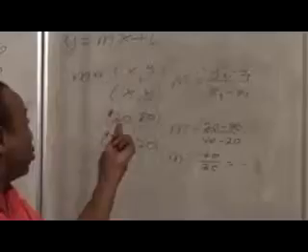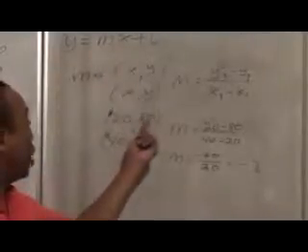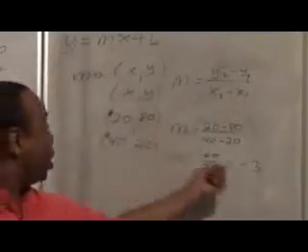Now, I want to have the y-intercept, so I'm going to plug this in to slope-intercept for x, the 80 in for y, and the -3 for the m, and solve for b.